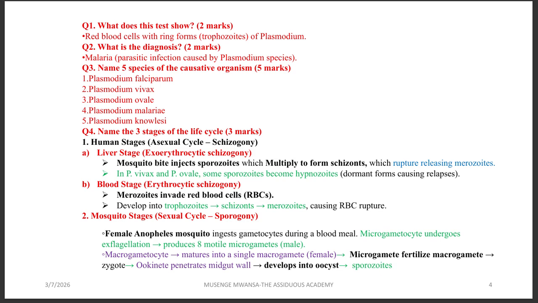These merozoites can further convert into microgametocytes and macrogametocytes, which convert into micro and macro gametes, which fertilize each other to form a zygote, which produces an ookinete, then oocyst, and then sporozoites. This is happening in the mosquito, because the mosquito takes up the microgametocytes and macrogametocytes after a blood meal to undergo sporogony.